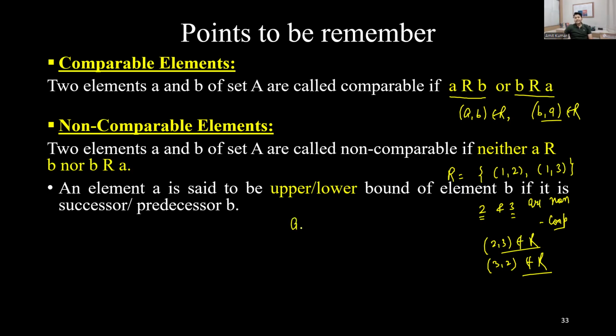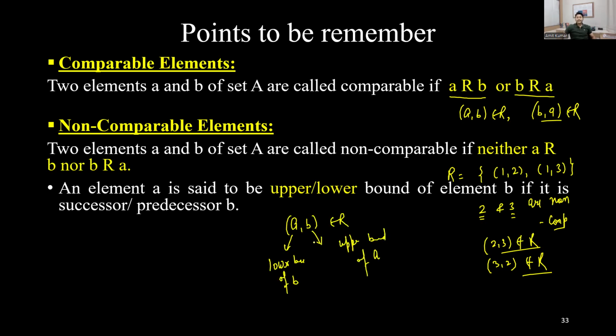Now, when I say (A, B) belongs to R, then A is called a lower bound of B, and B is called the upper bound of A.